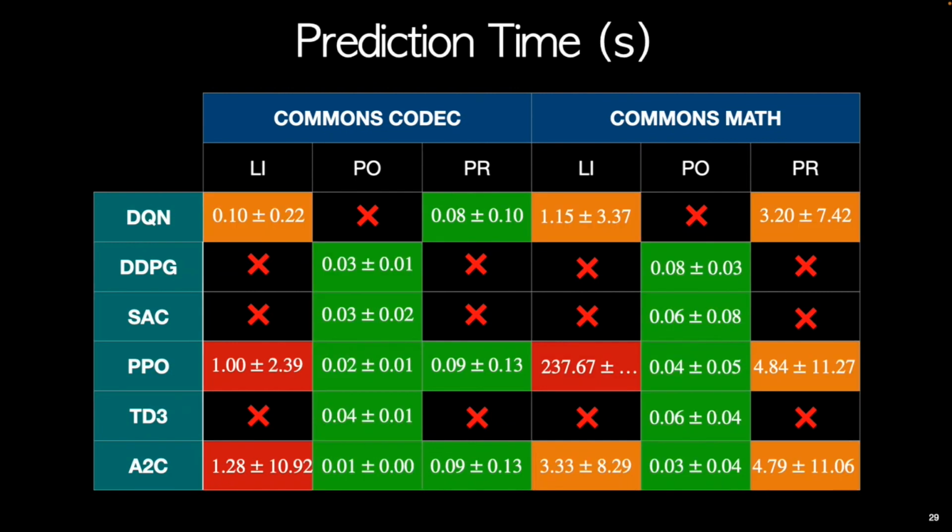And in terms of prediction time instead, in the first data set, pairwise and pointwise are actually equivalent. The prediction time is very small, while in listwise it is close to a second.